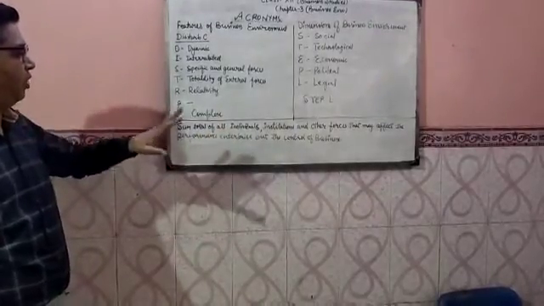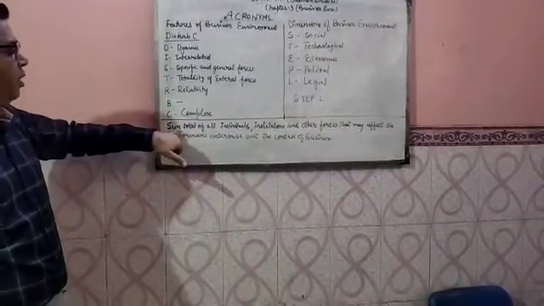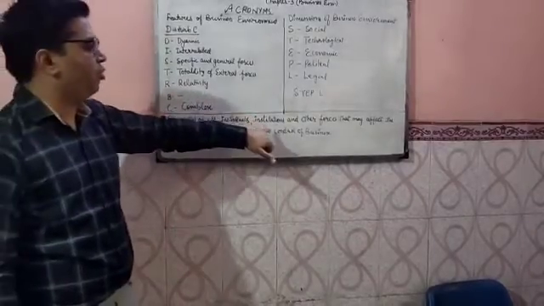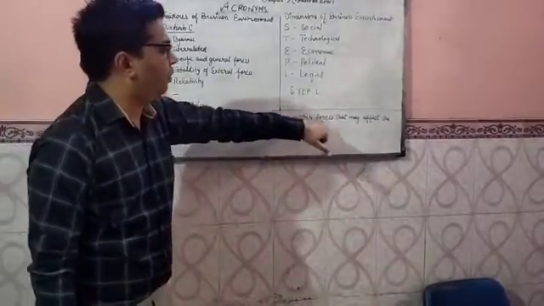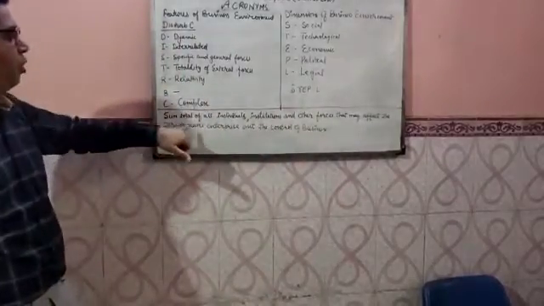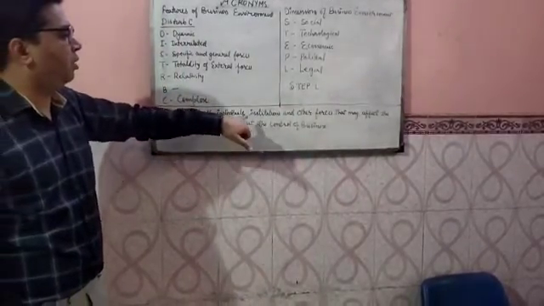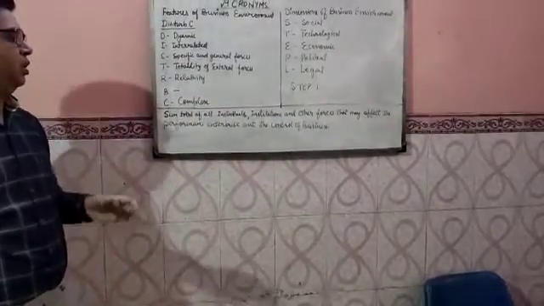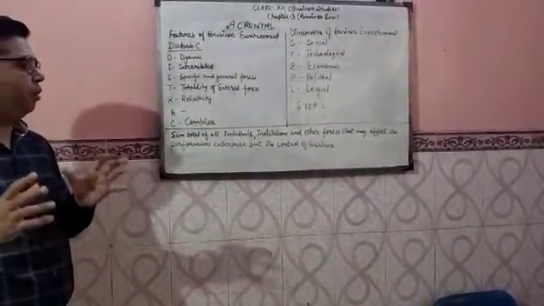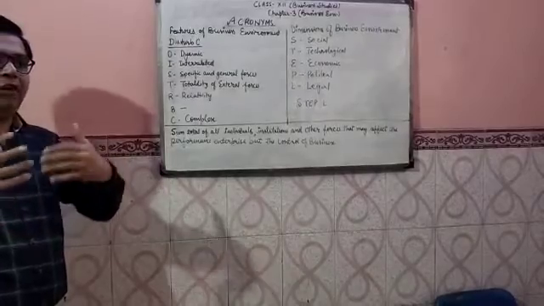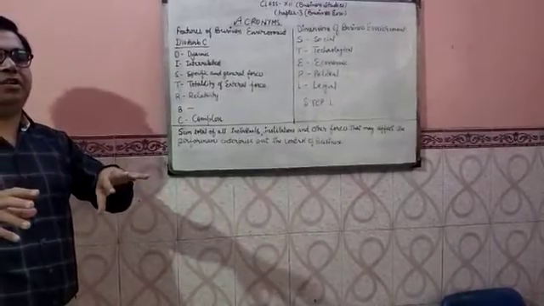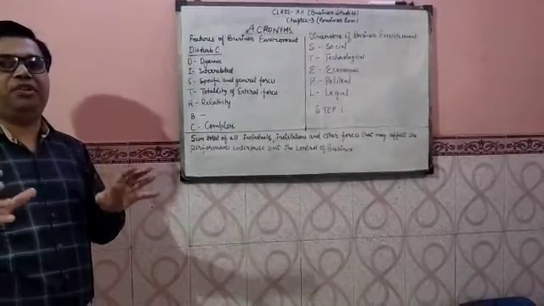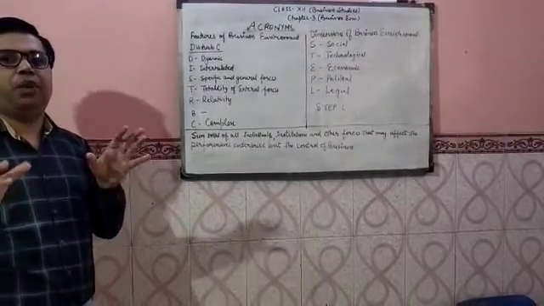What do you mean by business environment? A business environment means the sum total of all individuals, institutions and other forces that may affect the performance of an enterprise but are outside the control of business. It is not only the environment inside the business but also the outside, and we know that no business can run in a vacuum.